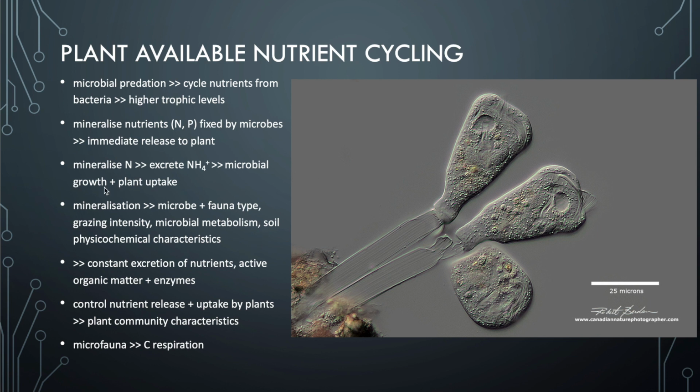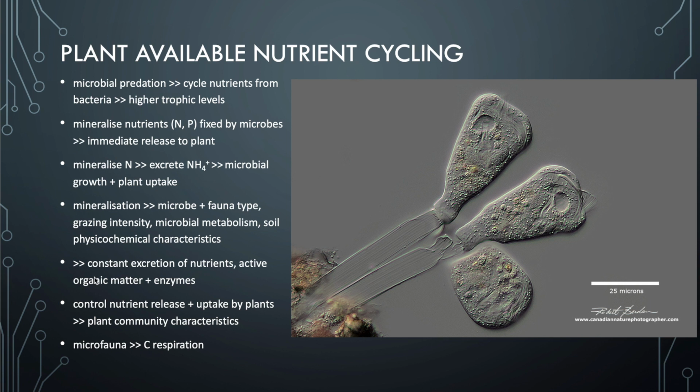So you can see that a loop is generated, where originally the protozoa mineralize those nutrients, then that mineralization influences the actual soil ecosystem further. So it's just a continuous loop as nutrients become available and influence all the biological and physiochemical characteristics of the soil.